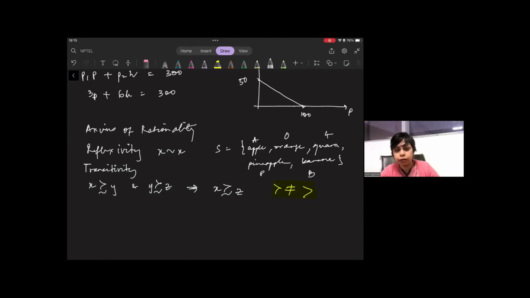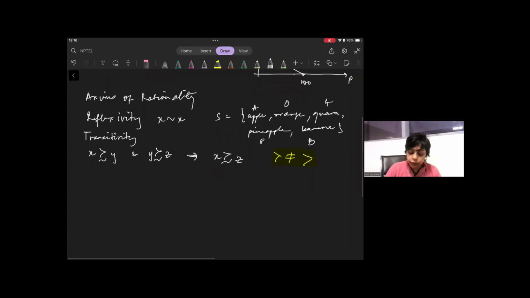Okay, it can be if it's a smaller fruit, for example, but if the relation is "is sweeter than" or "as sweet as," then you could say something like, an apple can be as sweet as a banana, right? Apple and banana may be very different in sizes. So I hope you understand the logic of what we're talking about.